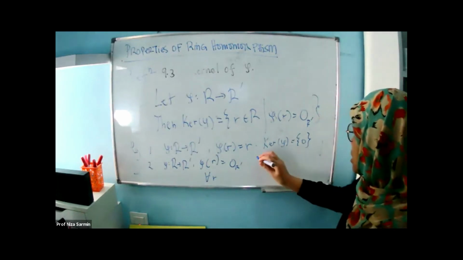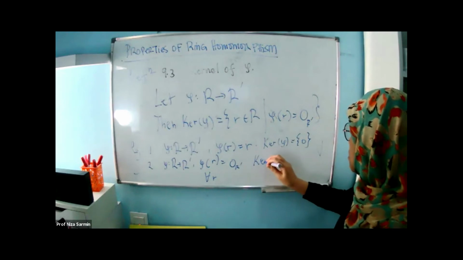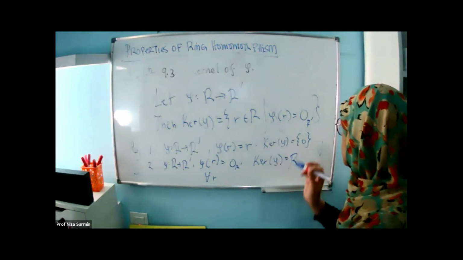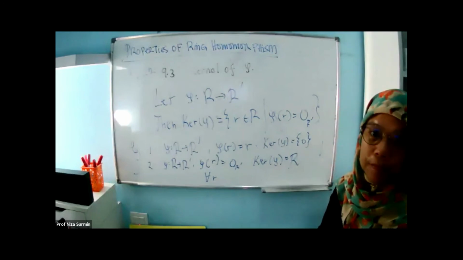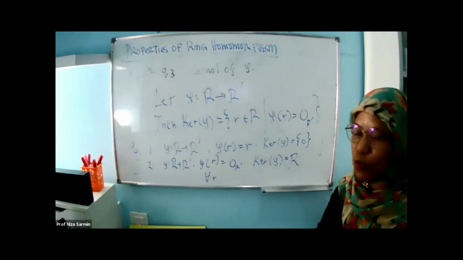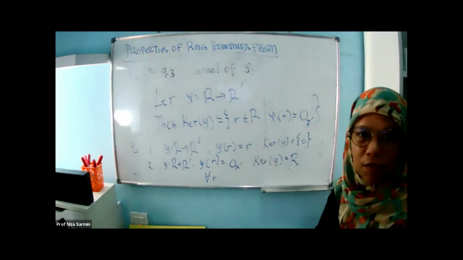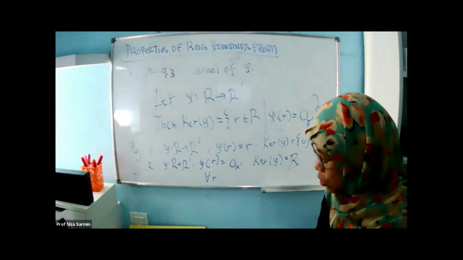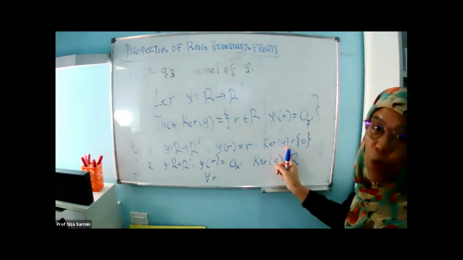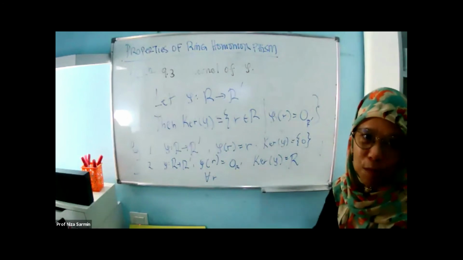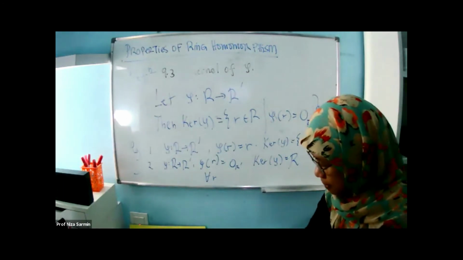Okay, so the kernel is the whole R, because whatever you put, it is 0, which is exactly the definition of the kernel. So one is the trivial one, the other is the improper one, the whole thing.